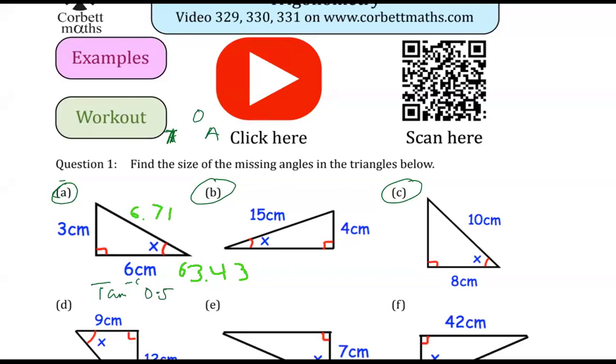You put 0.5 there. So I got 26.56. What did you get? 26.56. Yeah, I got 26.56. So you just put that one there.